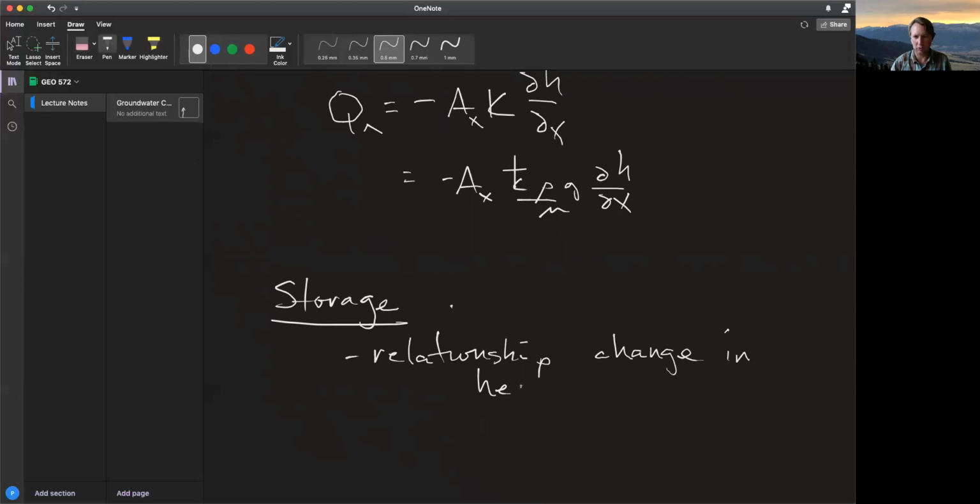So it's a relationship between the change in head, or energy, and the amount of water, or volume of water, in our REV.